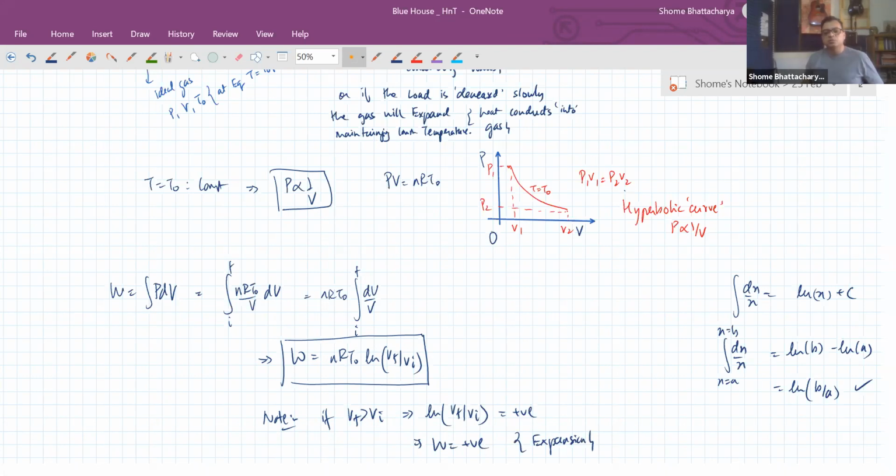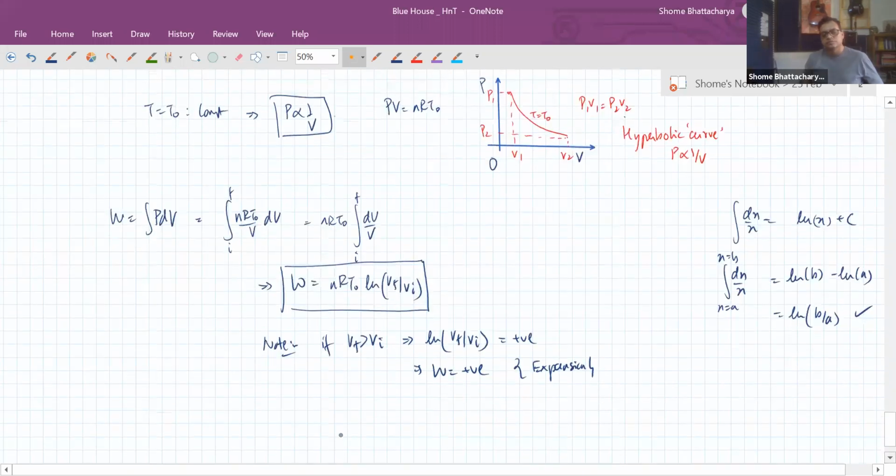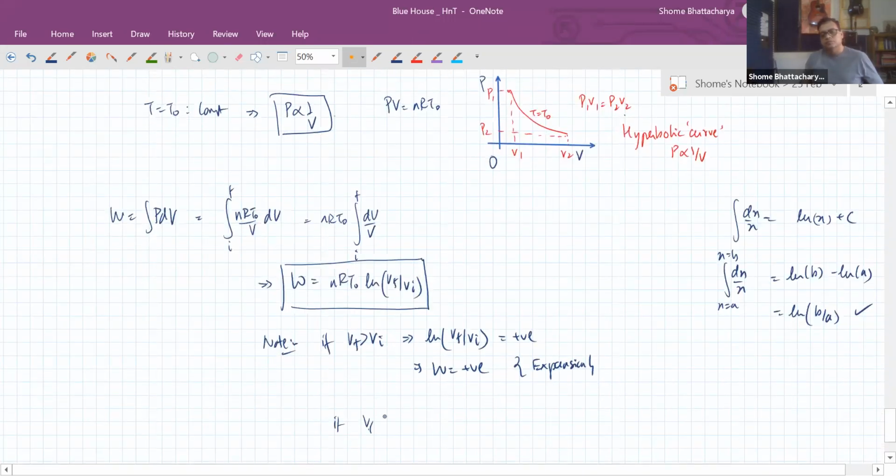Whereas if it is the other way around, it is a compression. So work done will come out to be negative because this will be a negative quantity.